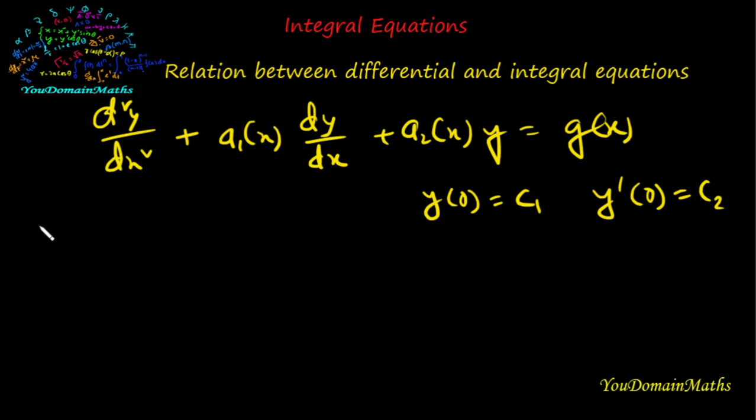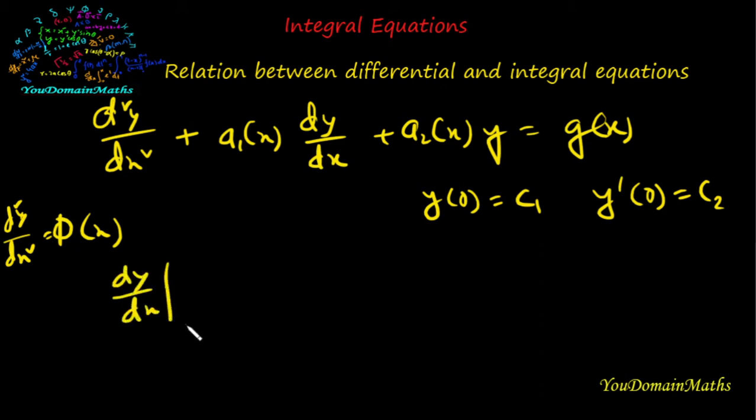Now consider phi of x to be a continuous function, and d squared y by dx squared equal to this. Then we can write dy by dx by integrating both sides from 0 to x, that is the integral from 0 to x of phi of t dt.